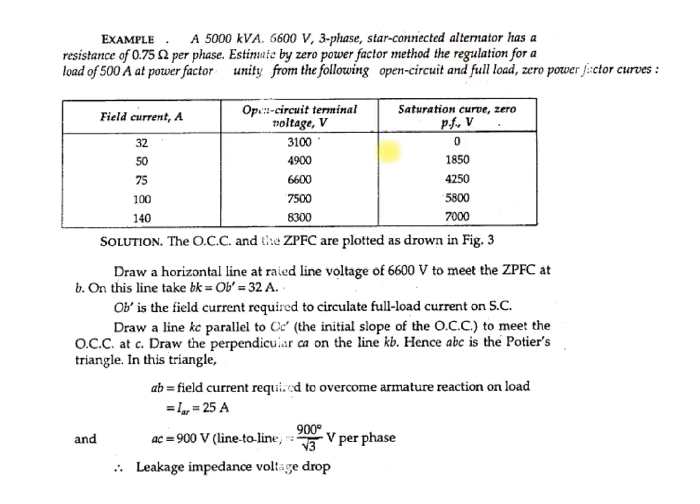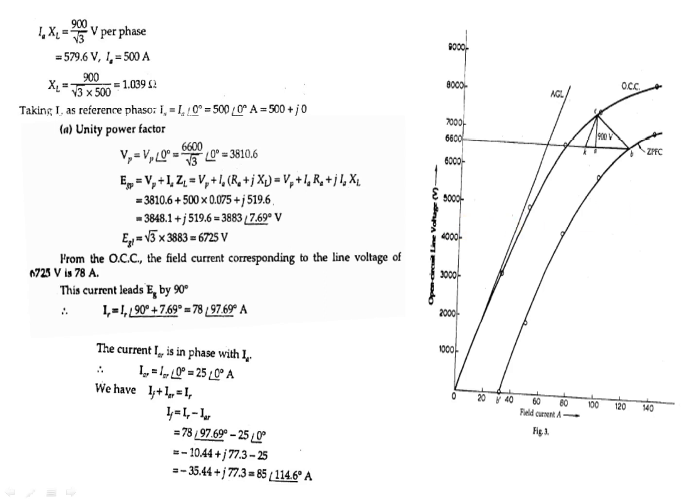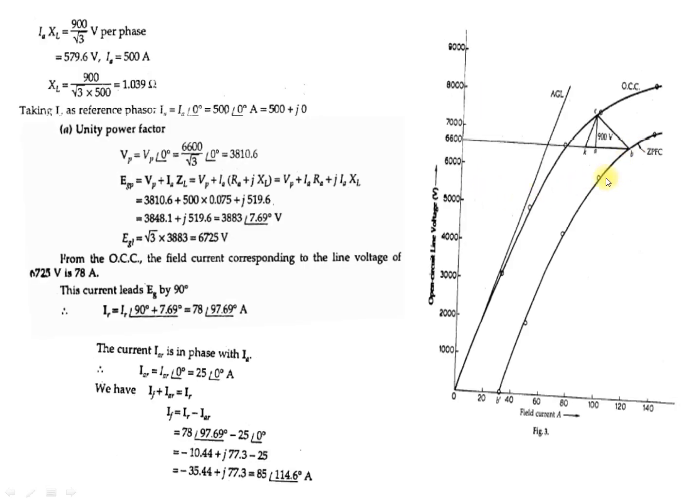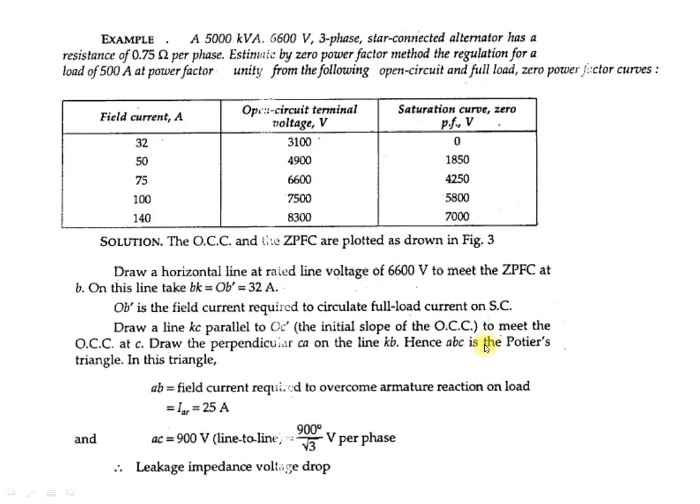We will be getting the readings over here. So we can plot these values in a graph like OCC curve as shown in this particular figure, and also the ZPF curve which is drawn by using these readings. So by using this graph only we are going to deal with this problem.